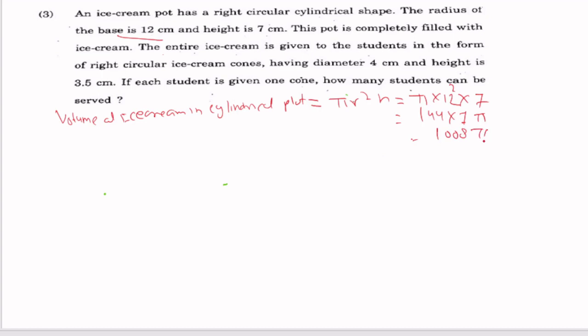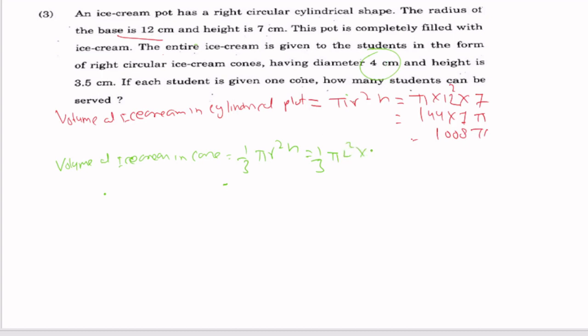Similarly, we have to calculate the volume of ice cream in the form of a cone. Its formula is 1 by 3 pi r square h. So this will be the volume of ice cream in a cone. Let's substitute 1 by 3 pi, keeping pi as it is, as promised. The radius in this case is 2, because the diameter is given as 4 centimeters.